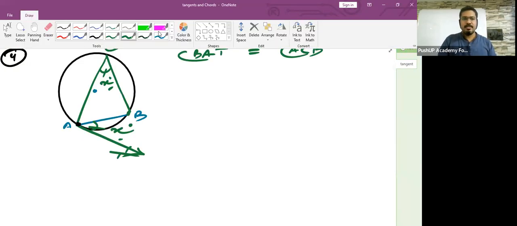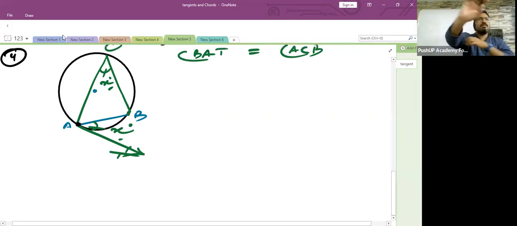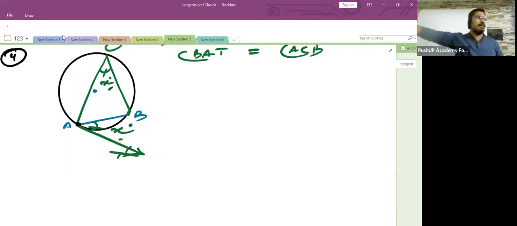Children, now listen to this. Many students I have observed, you know what they do? They will write the full sentence which I said now: angle created between the chord and the tangent is equal to the angle subtended by the same chord on the circumference of the circle. It turns out to be very lengthy and no teacher is interested in reading such long essays.